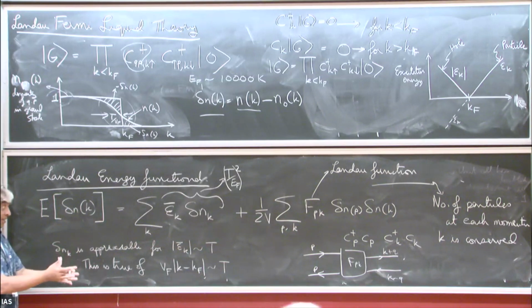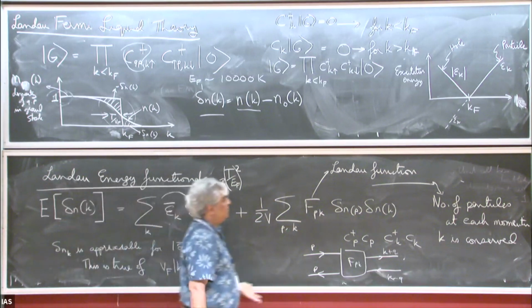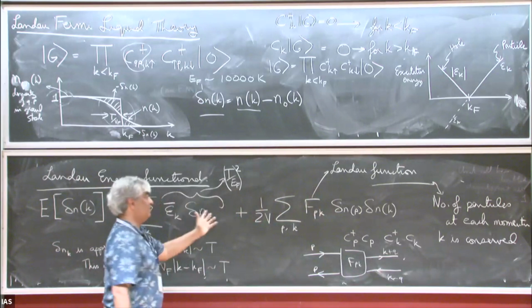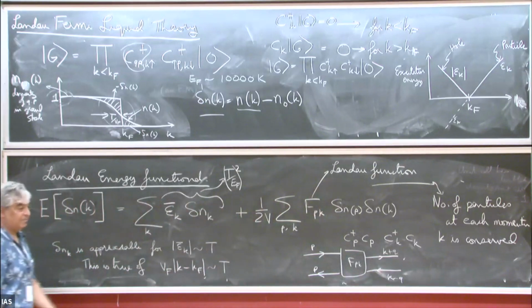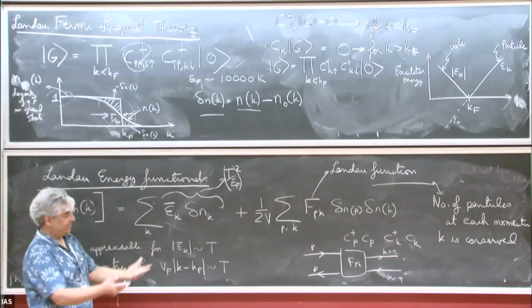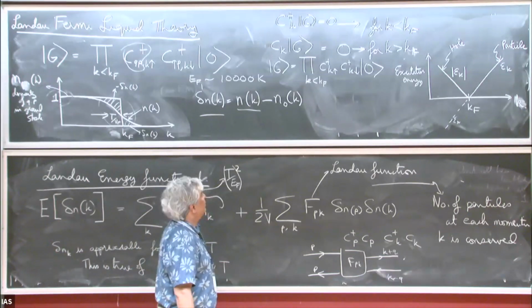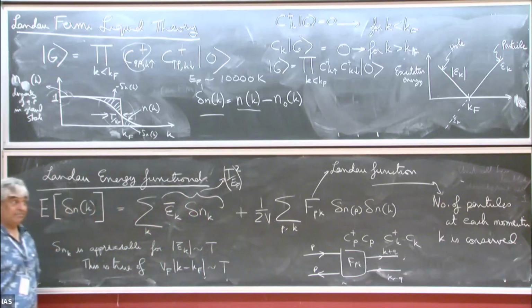Now we get to the low energy theory of Landau, and this theory has an infinite number of conserved quantities, the number of quasi-particles. If this is my energy and therefore the corresponding Hamiltonian for time evolution, which is the kind of calculation you have to do, then that Hamiltonian will conserve the number of particles at each momentum k.